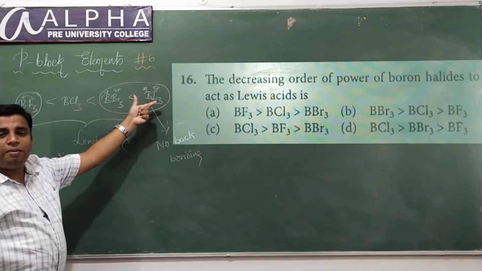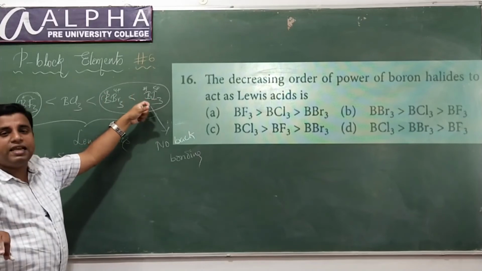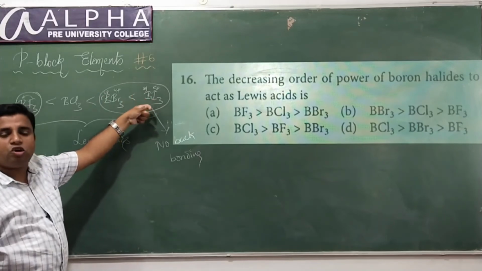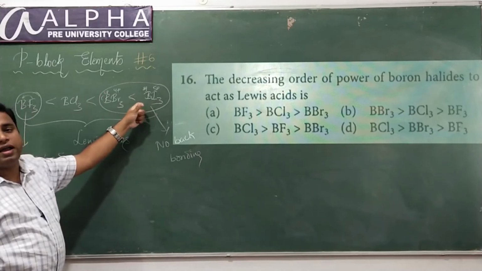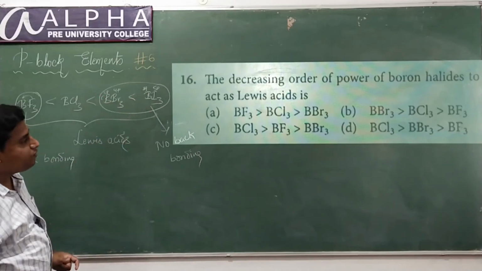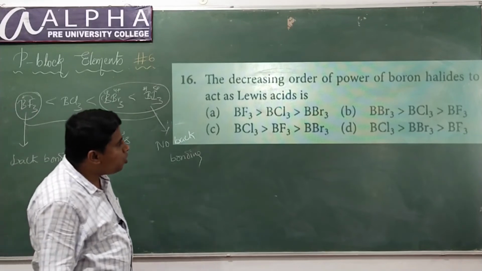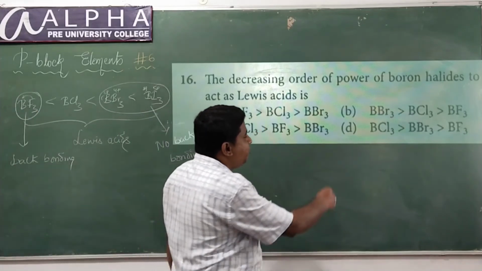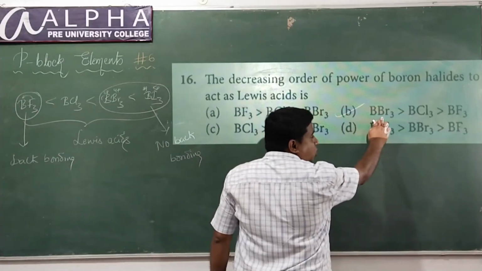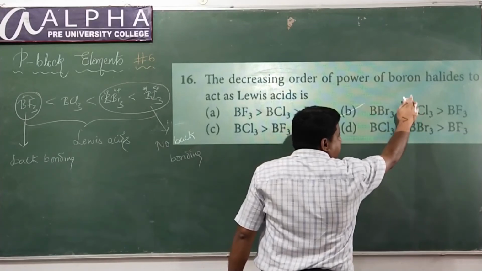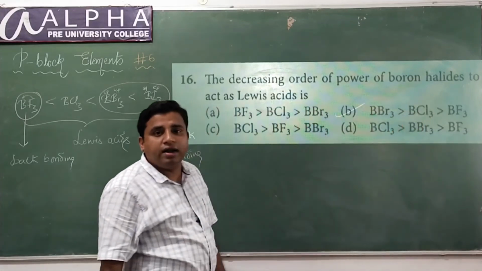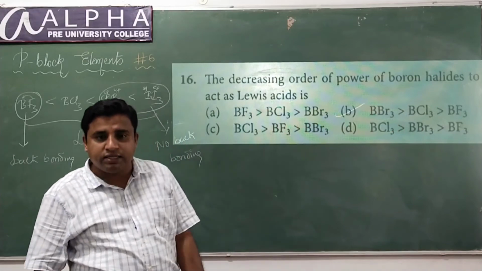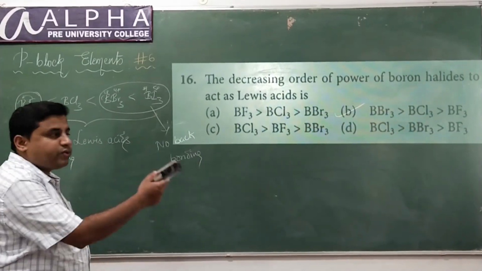When they cannot form back bonding, boron remains electron deficient. It will accept electrons, and hence it is going to be a strong acid. So what is the order of Lewis acids here? Boron tribromide is a stronger Lewis acid than boron trichloride, which is stronger than boron trifluoride. Understood? Next question.